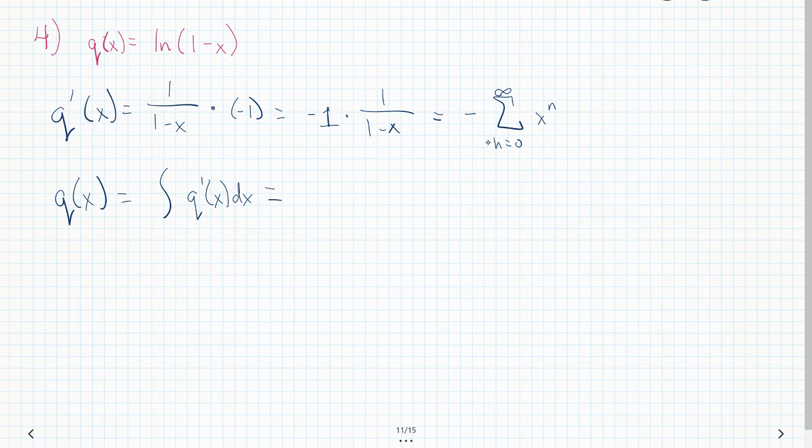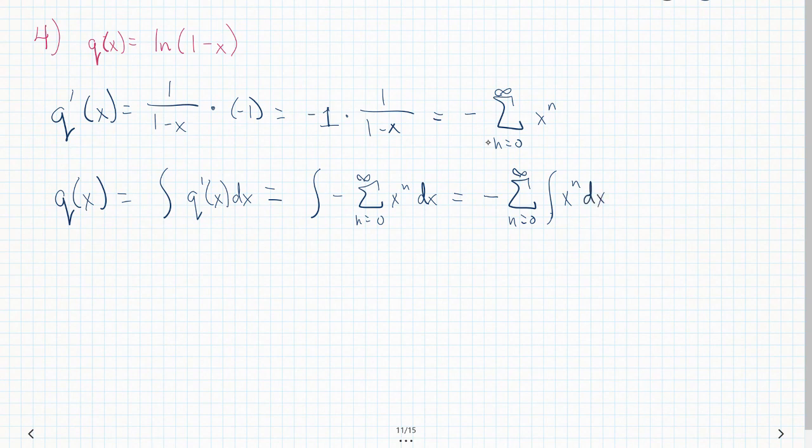So that means that we can take the integral of this negative summation n equals 0 to infinity of x to the n dx, right? And the beautiful thing here is that when we have an integral, and remember, summation means plus, plus, plus, we can move the integral to each part of the pluses. So you can rewrite this as the negative summation n equals 0 to infinity of this x to the n dx.